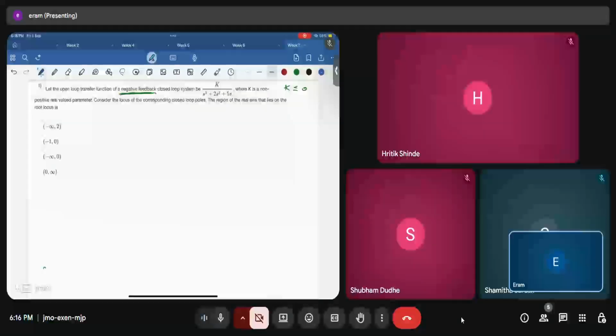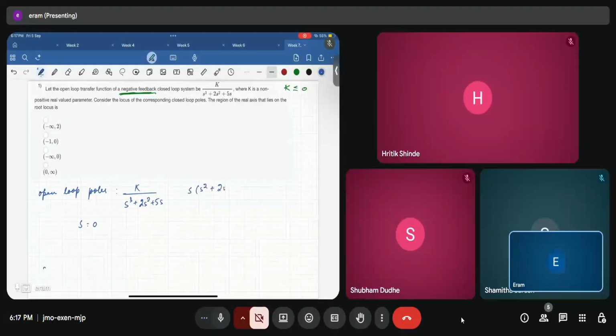Okay, so first let's calculate the open loop poles for this transfer function, K divided by s cubed plus 2s squared plus 5s. So we have a pole at s equals 0, and the other poles we get by solving the quadratic equation.